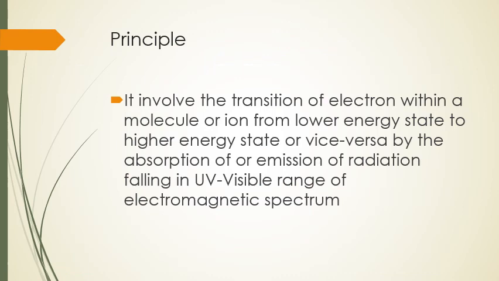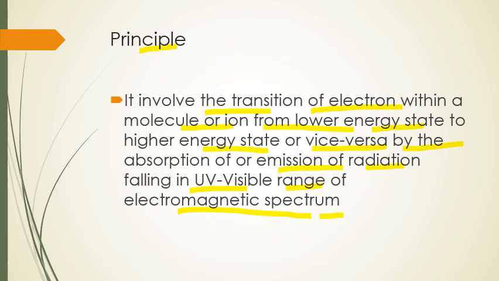What is the principle of UV visible spectroscopy? It involves the transition of an electron within a molecule or an ion from the lower energy state to the higher energy state or vice versa by the absorption or the emission of radiation falling in the UV visible range of the electromagnetic spectra.